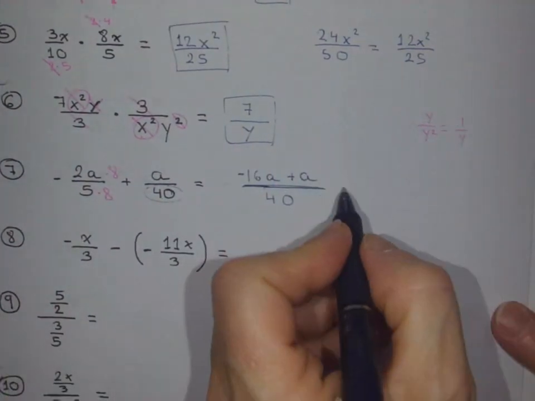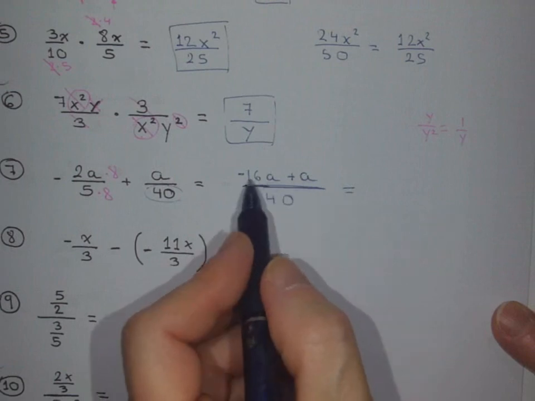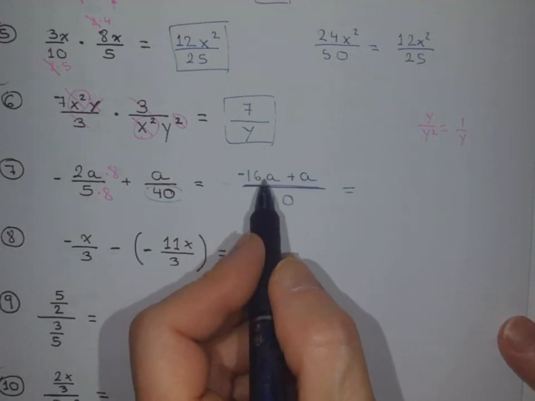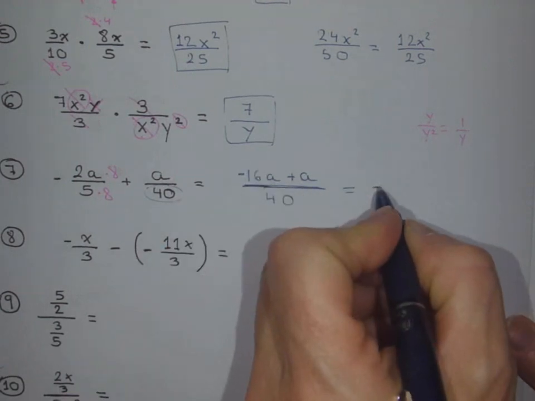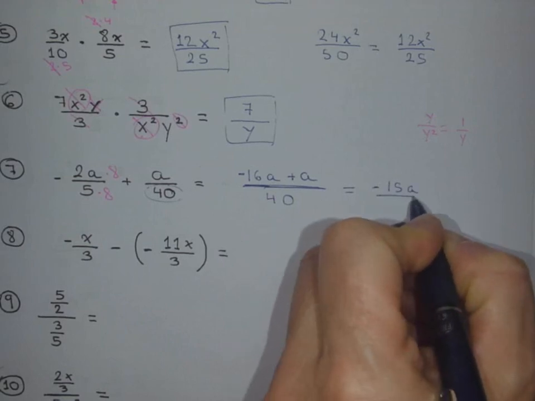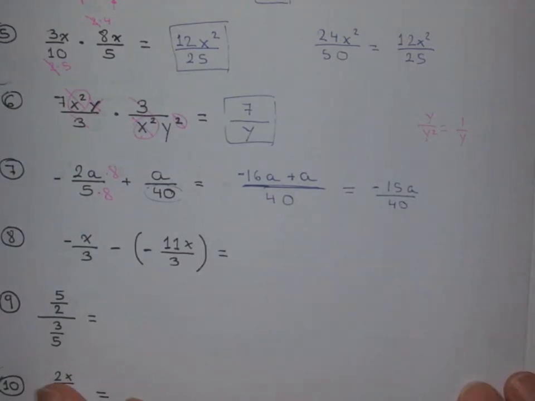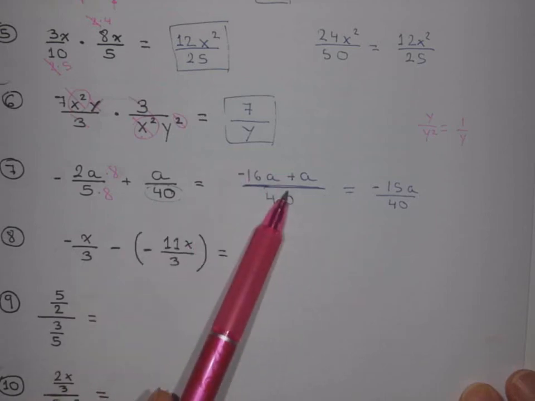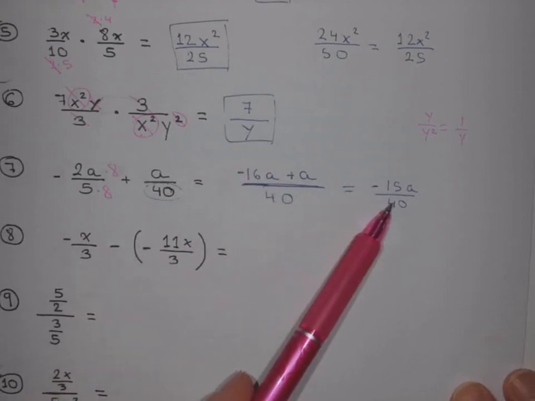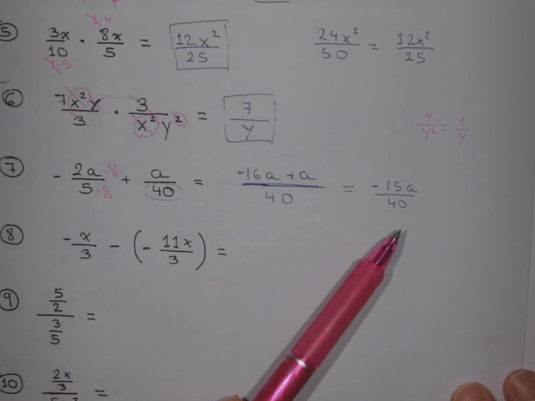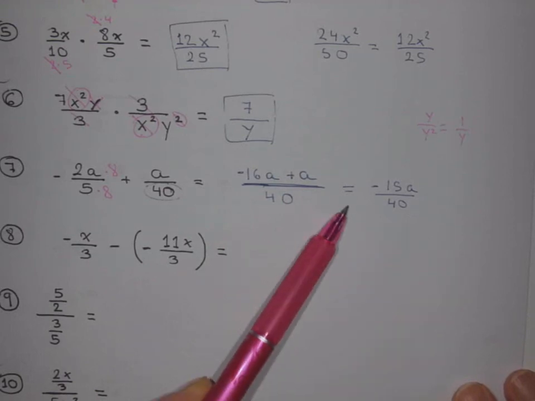Okay, so like terms in the numerator: negative 16a plus a will be negative 15a over my common denominator. And now I have to keep asking myself always, don't just stop when you have something done. Keep asking yourself all the time, can I simplify any further?